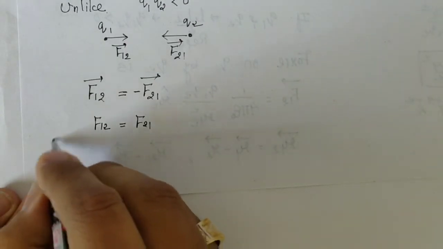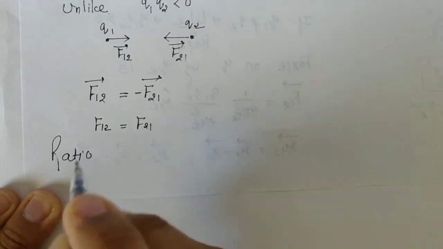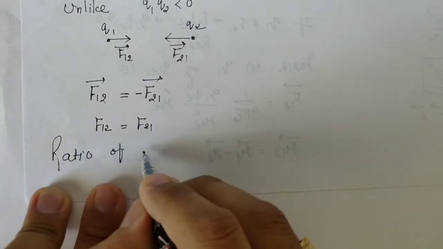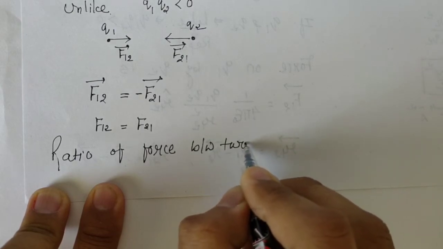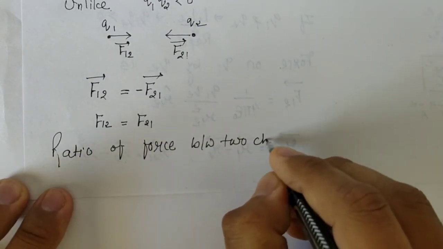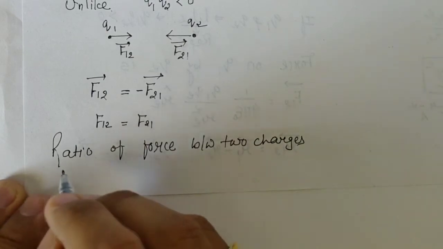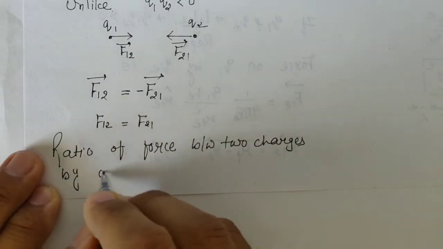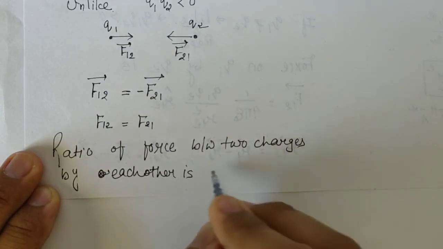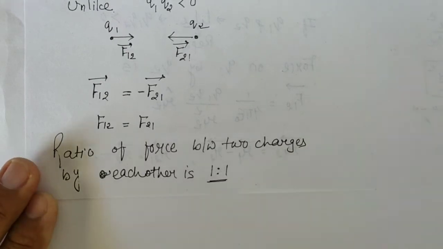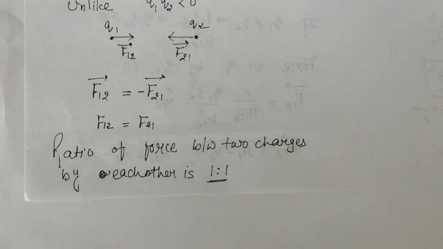So the ratio of forces between two charges by each other is 1:1, meaning Q2's force on Q1 is similar to Q1's force on Q2. So this is the vector form of Coulomb's law.